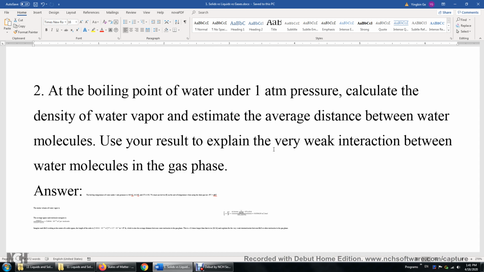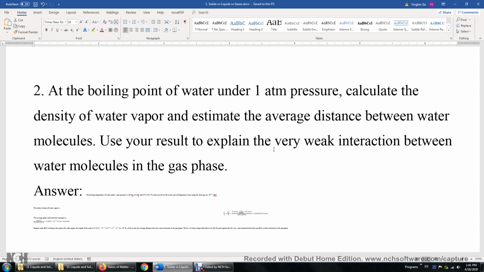So what you need to do is, again, use RT over P: 8.3 joule per mole K, that's R, times 373 in Kelvin, divided by 101,325. The result is in cubic meter per mole. And then you divide the molar volume by Avogadro constant.